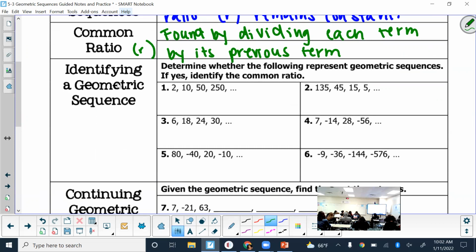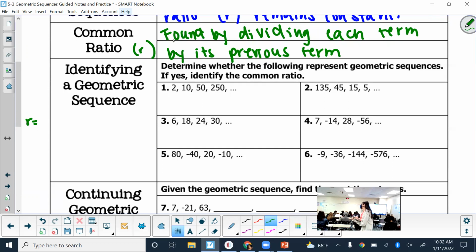All right, so identifying a geometric sequence, we kind of did that in the bell work. Now in these 6 problems, they may or may not be. We're just trying to make sure that the ratio remains constant throughout. So for number 1, let's try finding what the common ratio could be and then see if it's constant throughout.